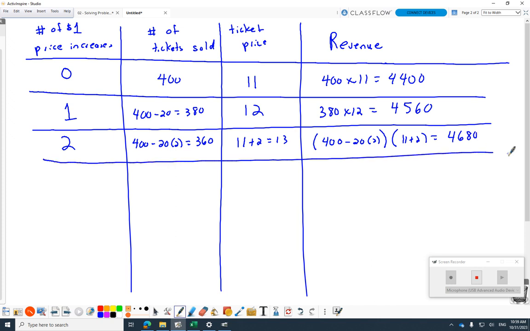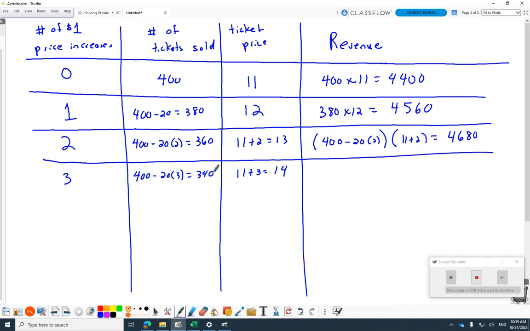If I do 3 $1 price increases, my new ticket price will be 11 plus 3, which is 14. My number of tickets sold is 400 minus 20 times 3, which is 340. And I know what you're thinking because we trained you. Can't I just go down by 20s all the way along here? And the answer is yes, but it does not get you ready for the algebraic version of this.